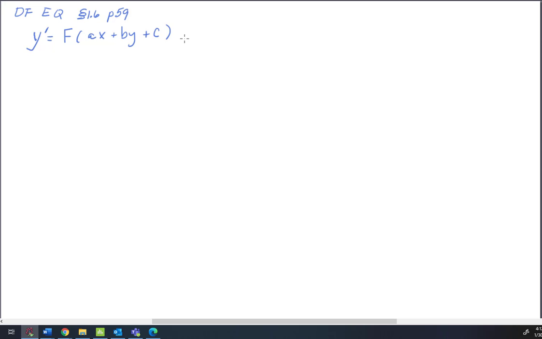If we have an equation that can be put into that form, then if we let v equal ax plus by plus c, we can transform this equation into a variable separable equation. Now, I will do this theoretical computation toward the end, time permitting, but for right now, let's go ahead and try a simpler equation and see how this thing works out in reality.